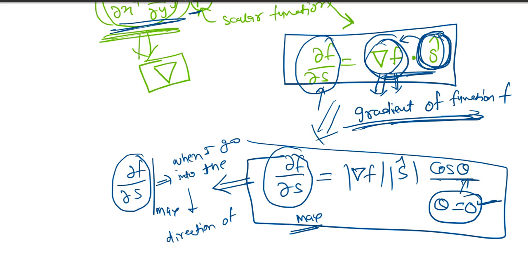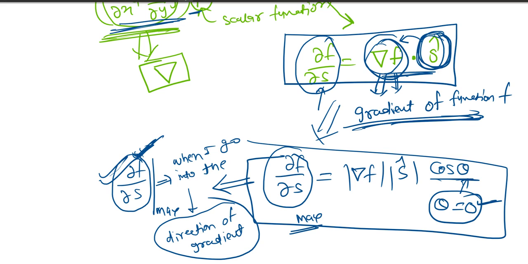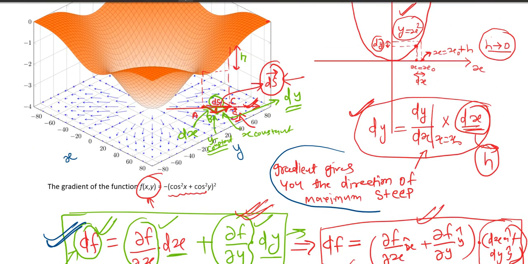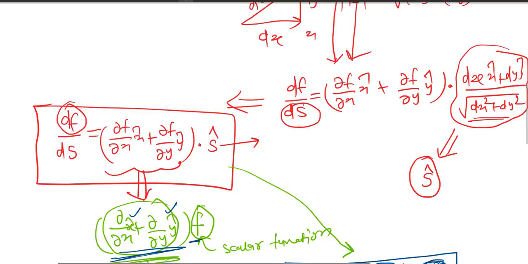So I will get the maximum rate of change or the maximum slope when I go in the direction of gradient. I stated initially that gradient will give you the direction in which this function f would be changing maximum, the direction of maximum steepness or the maximum rate of change. Okay, that is the one thing.